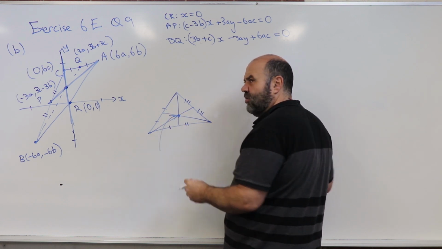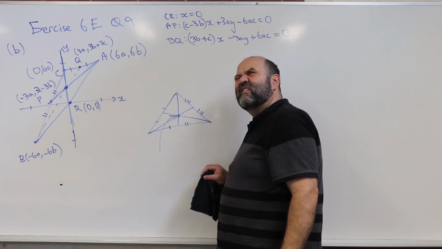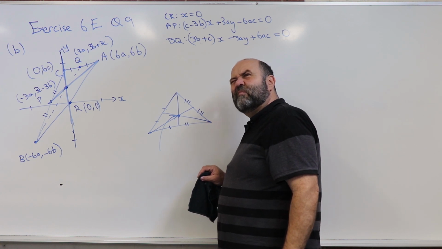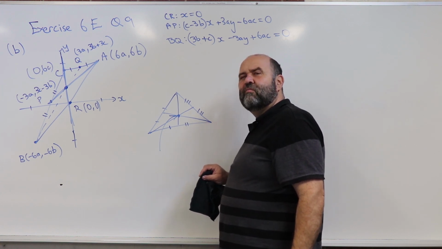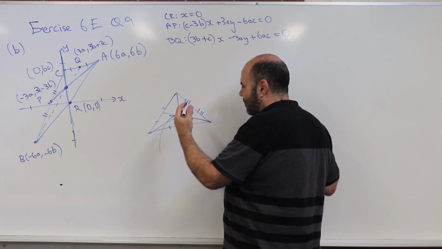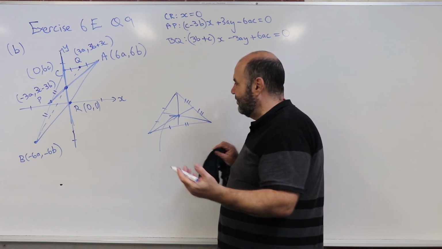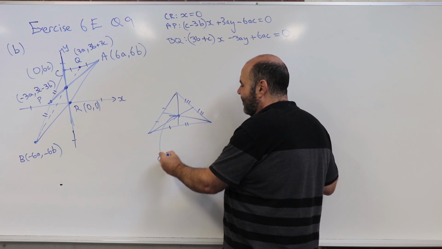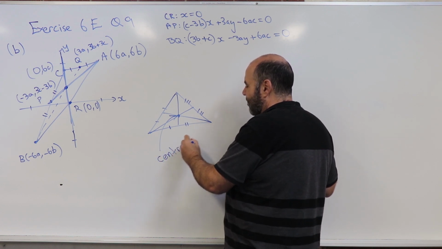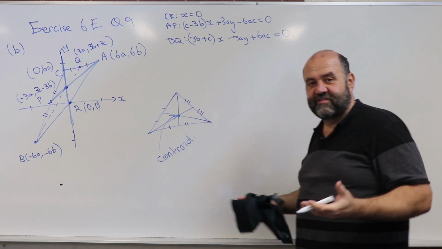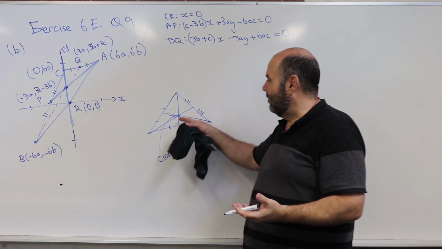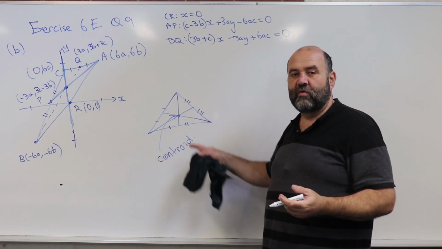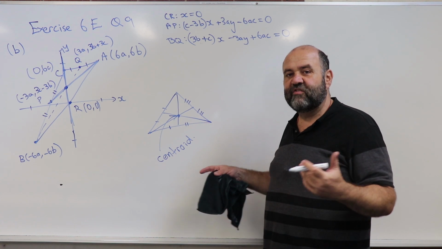I think every triangle's got a centroid. It's been a long time since I've done that sort of geometry, so I've forgotten it. But that's called the centroid. So where the medians cross over, that point where all three cross is called the centroid of the triangle.